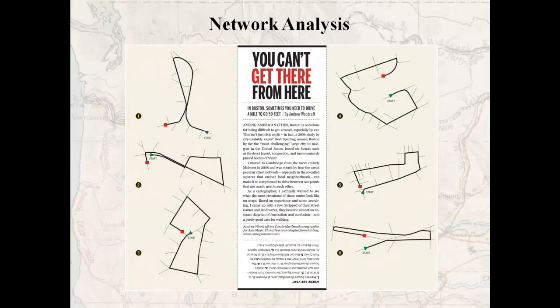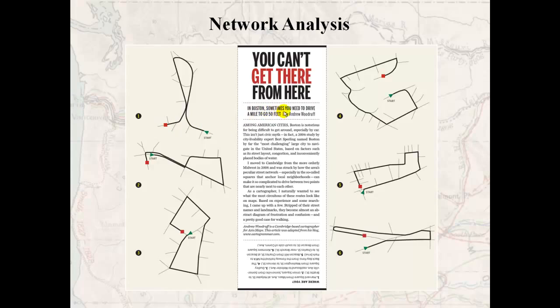Here's an example of networks in Boston, and you can see from some of these examples that it's not always a straight shot to get from a starting point in Boston to an ending point if you're driving or using the street network. So in this case, in order to go from here to here, you got to go all the way around this way to make that work if you're driving or walking on the streets.